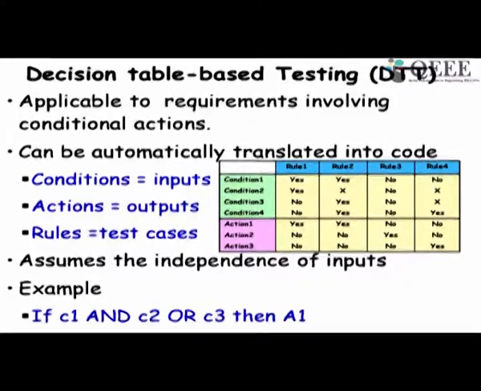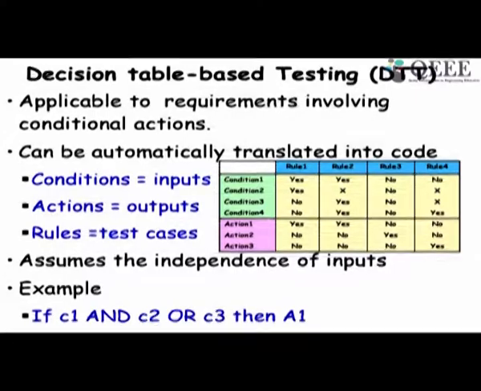So the conditions are typically the inputs, or maybe state variables, or maybe configuration parameters, and for specific combinations we try to find out what are the actions of the system. The actions are shown in red here.